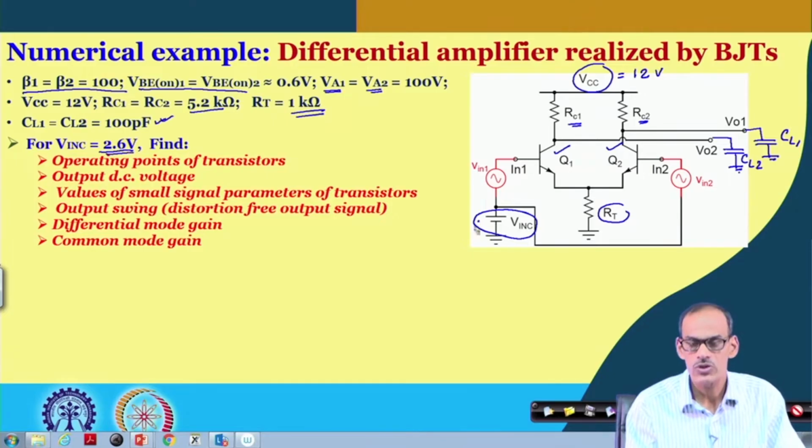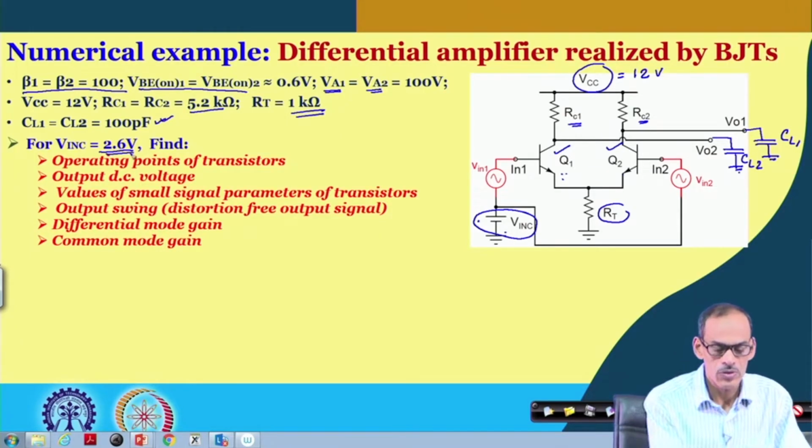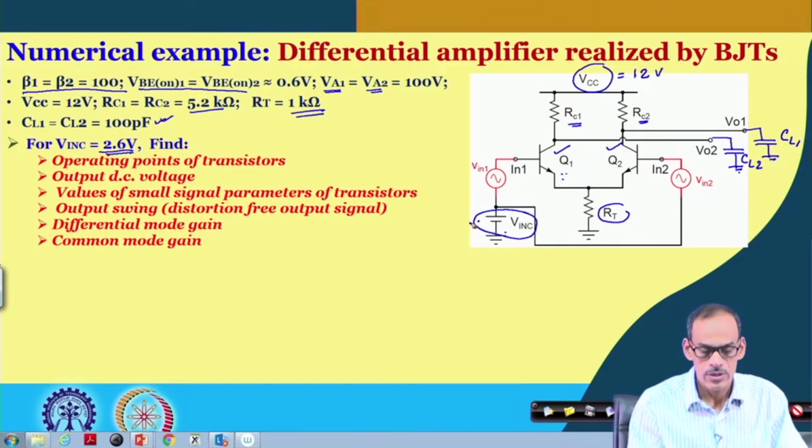This DC voltage should be sufficiently high so that Q1 and Q2 are in the active region, but not too high, otherwise Q1 and Q2 may enter the saturation region. So here we have picked a value well within the allowable range.